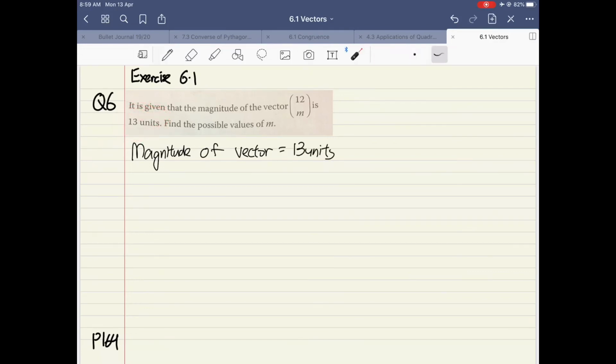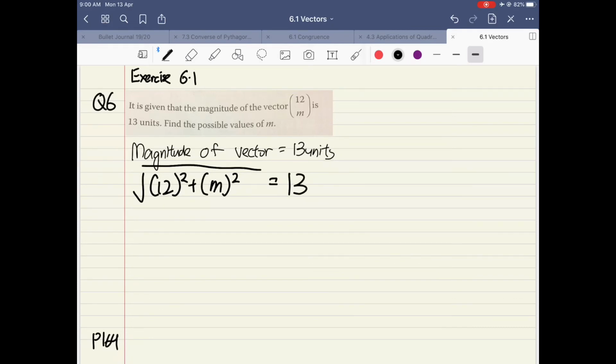And that is given down here. So what I can say is this. Let me set up the equation. I will say that the square root of 12 square plus m square is equals to 13. To get rid of the square root, I will square the left hand side, and square the right hand side as well.